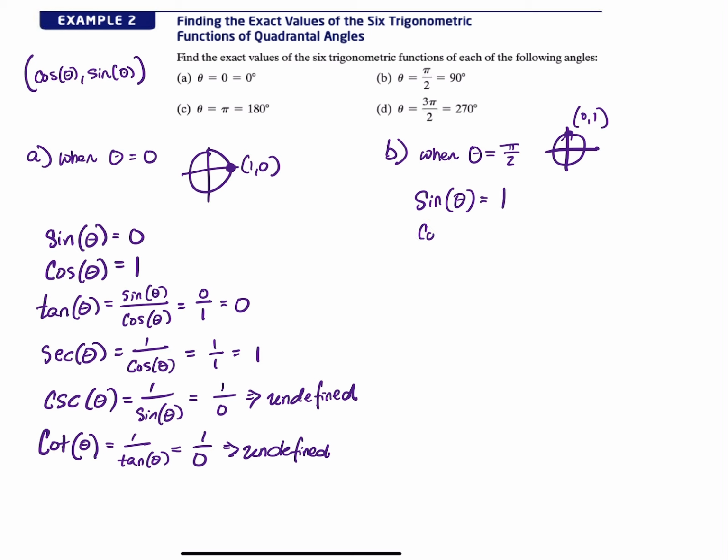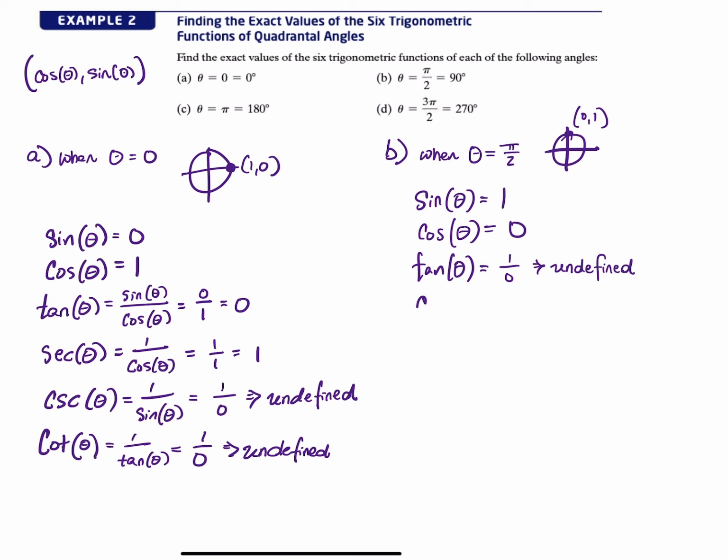The cosine of pi over 2 will be our x-coordinate, which is 0. The tangent will be sine over cosine, so 1 over 0, that will be undefined. So the tangent can be undefined as well because we're defining it as a quotient. So anywhere the cosine is equal to 0, the tangent will also be undefined.